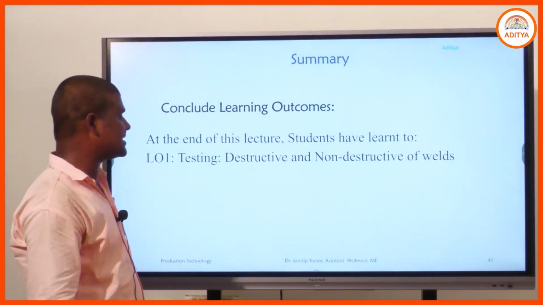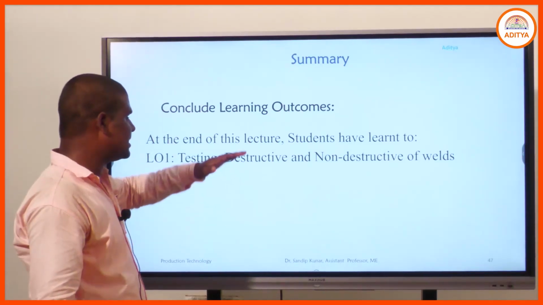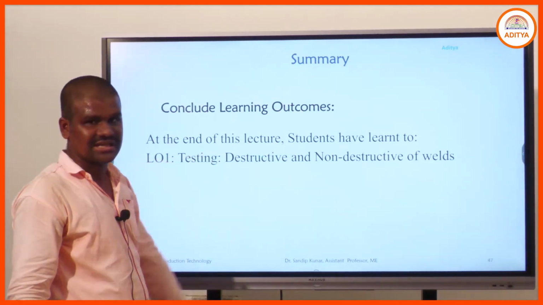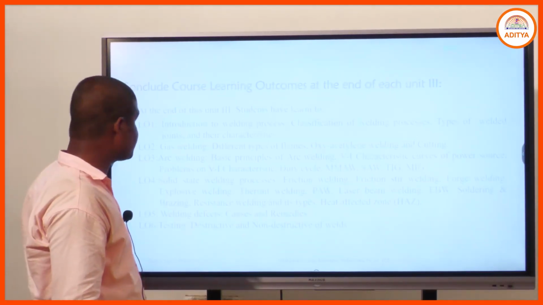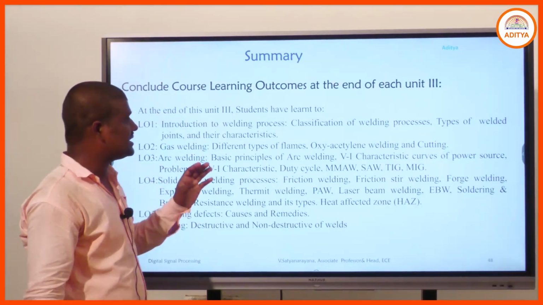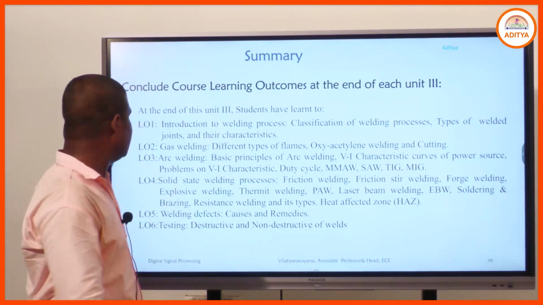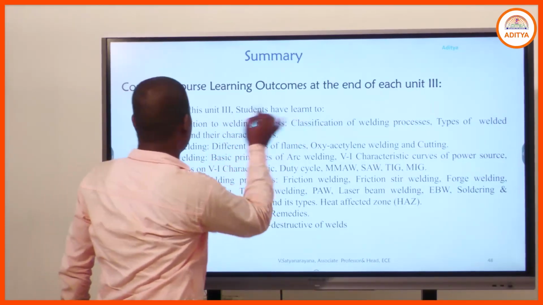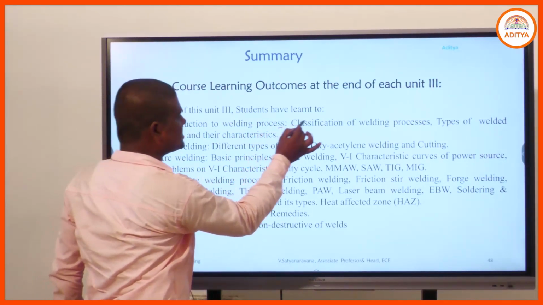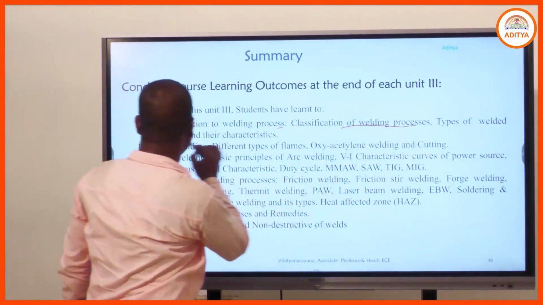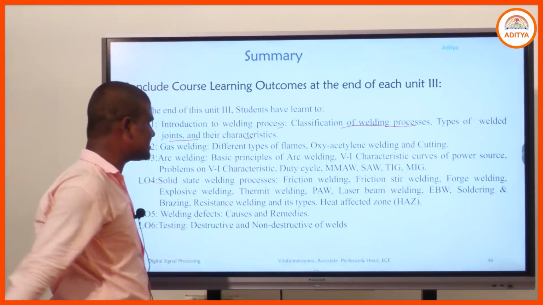At the end of this lecture, students have learned about destructive and non-destructive testing of welds. As the concluding learning outcomes of unit 3: the students have learned about the introduction to the welding process, classification of welding processes, types of welding joints and their characteristics.